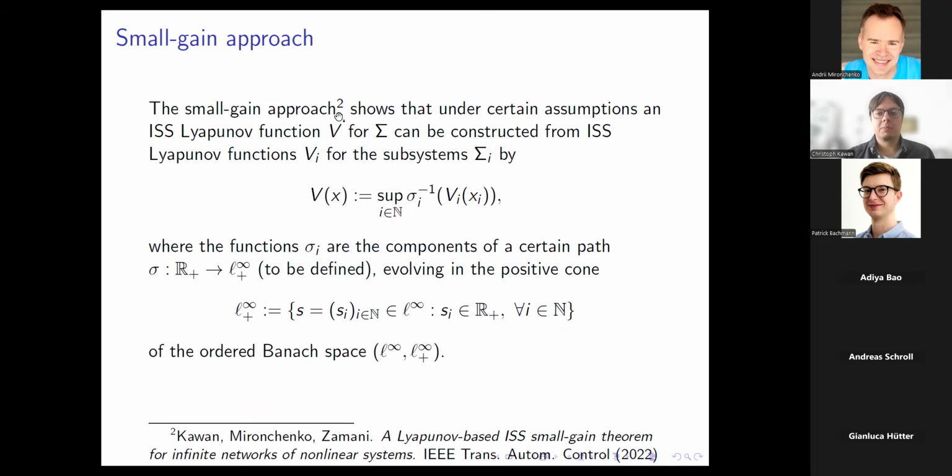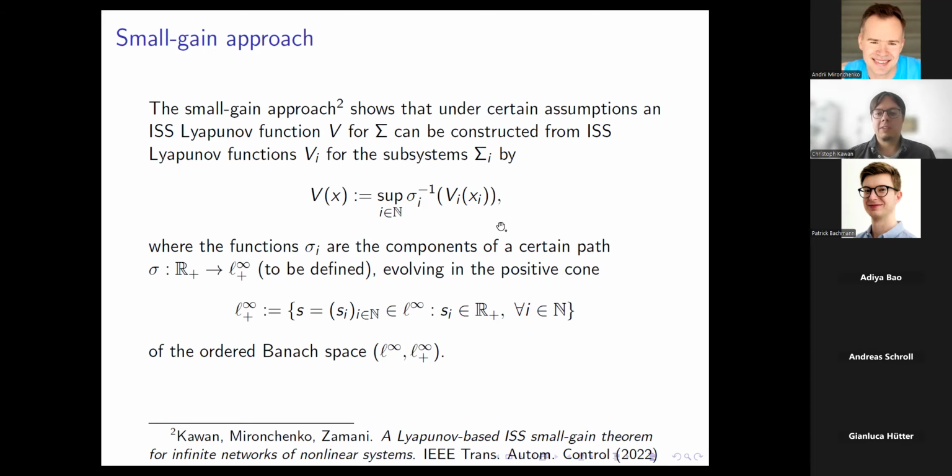And this small gain approach shows that under certain assumptions, an ISS-Lyapunov function V for the overall system can be constructed from ISS-Lyapunov functions Vi for all the subsystems in a way as you can see here.